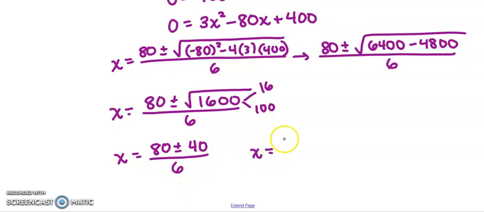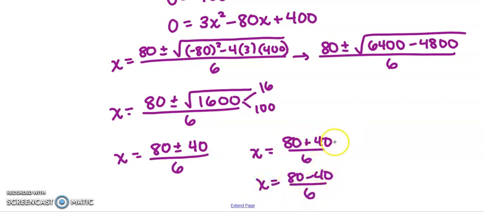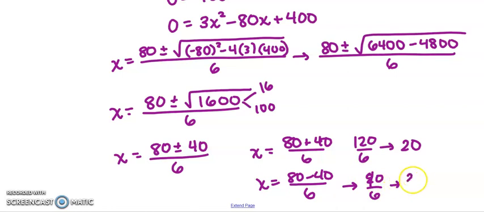So I get x equals 80 plus 40 over 6, and I get x equals 80 minus 40 over 6. This ends up being 120 over 6, for 20. This ends up being just 40 over 6, which could also be 20 over 3.